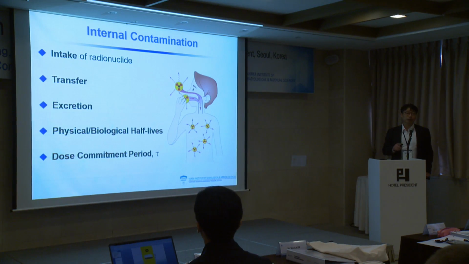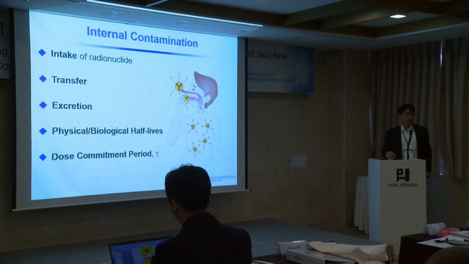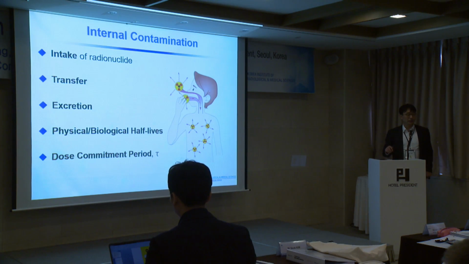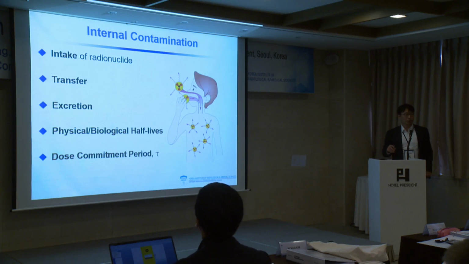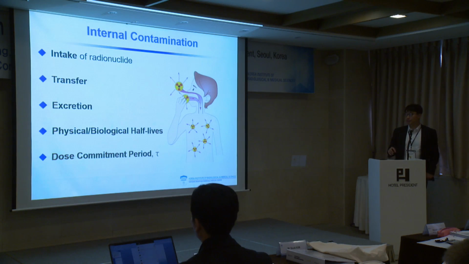And then these radionuclides will move from one internal organ to other organs by transfer of the radionuclides. And then lastly, these radionuclides will be excreted in excreta samples like urine or feces. So this is the third step of the movement of the radionuclides in the human body.